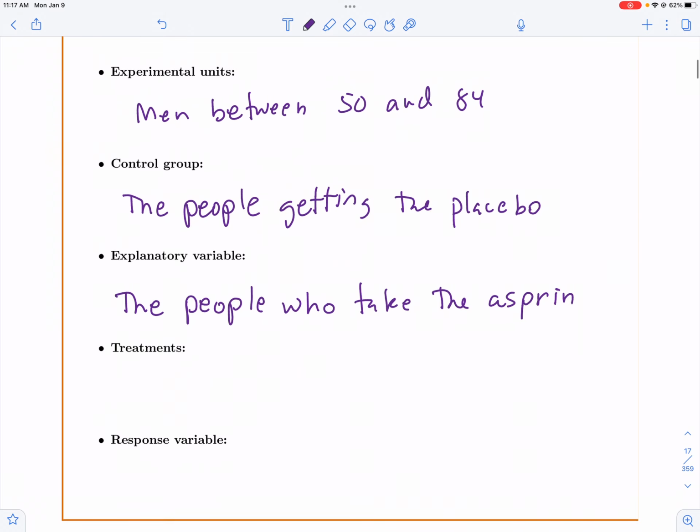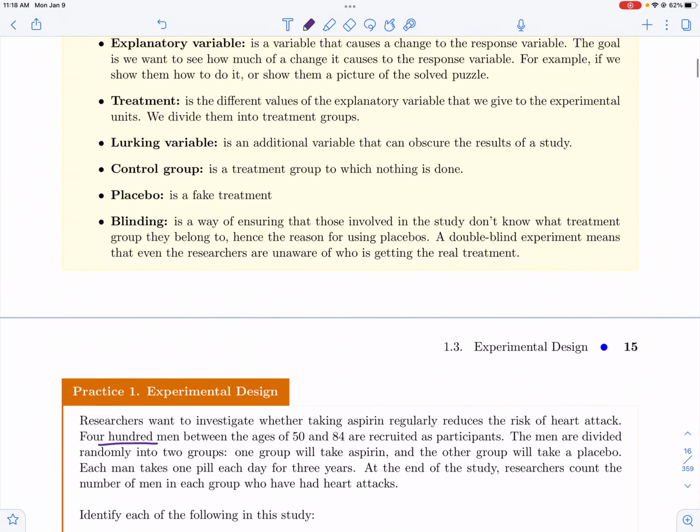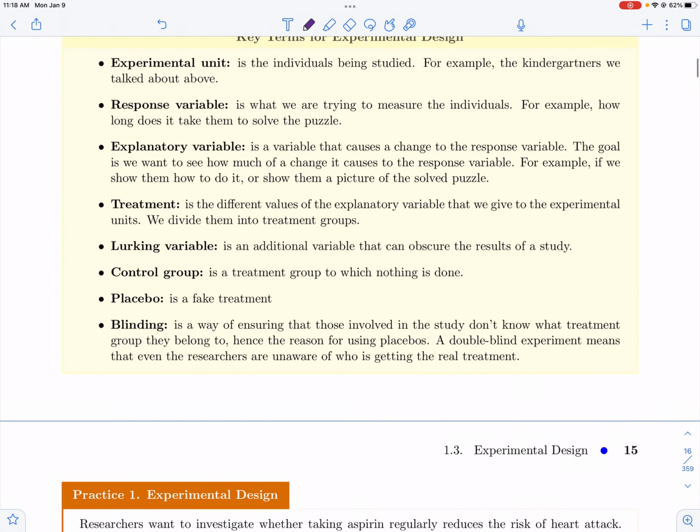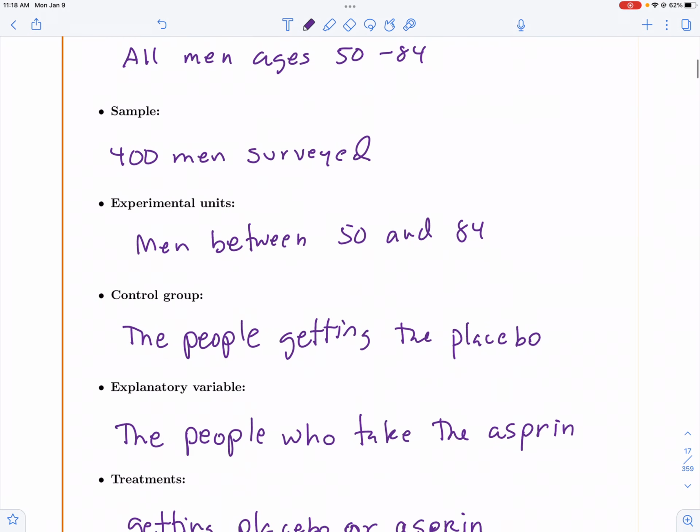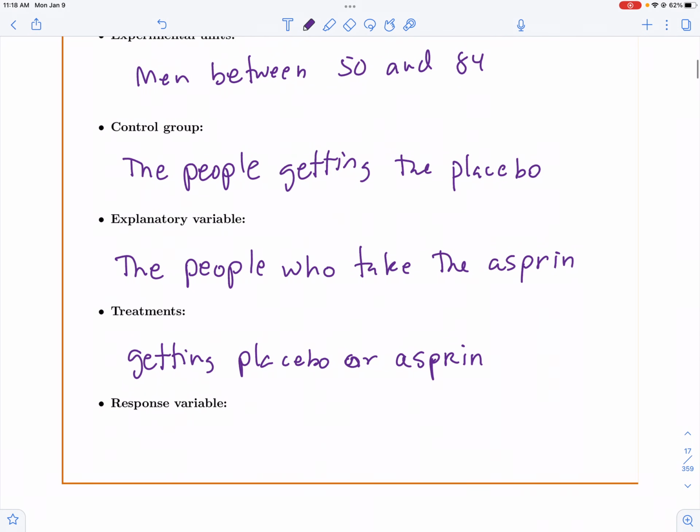Our treatments, in this case, are that you're either getting the placebo or you're getting the aspirin. And finally, our response variable is what we're trying to measure. In this case, we're trying to see whether an individual gets a heart attack or not.